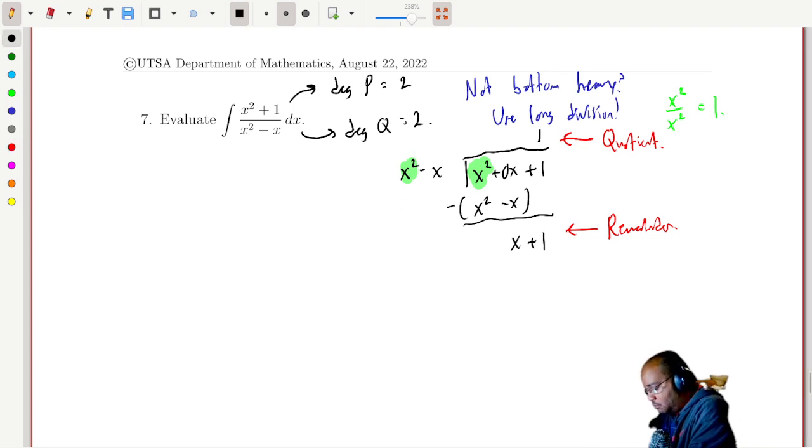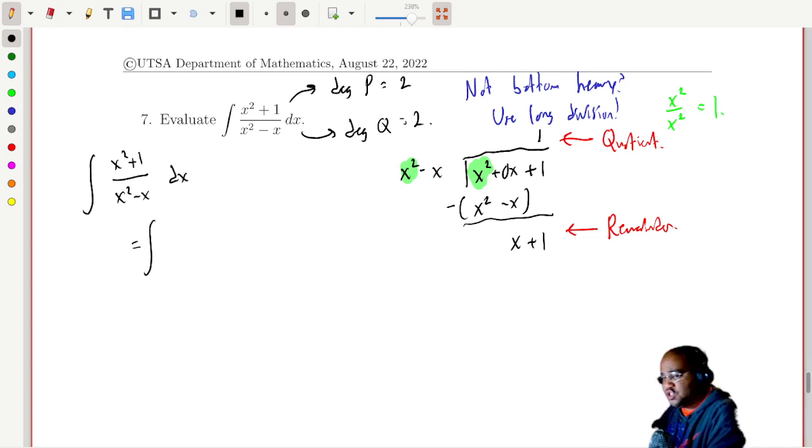Okay. So the way we're going to write this: our original integrand was this. But now I have my quotient, so that just gets its own part, so it's 1. And then I have plus the remainder.